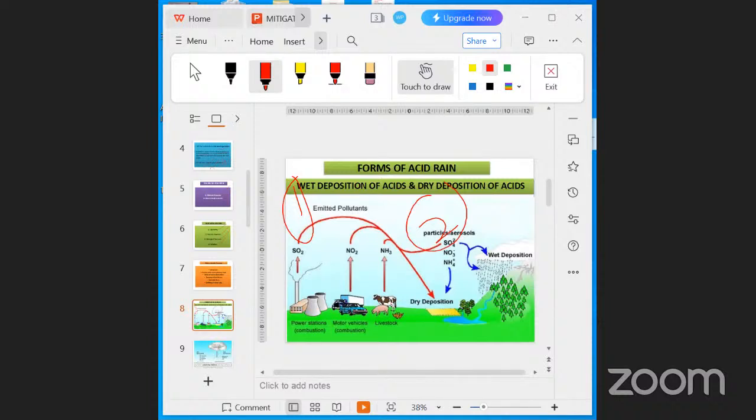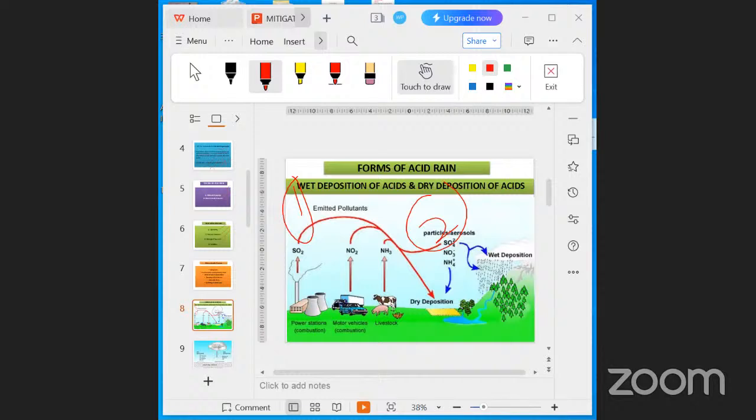In wet deposition, moving air blows the acids present in the atmosphere to areas where the weather is wet. Thereafter, acids fall to the ground in the form of rain, sleet, fog, snow, or mist, right? It removes acid from the atmosphere and deposits it on the earth's surface.